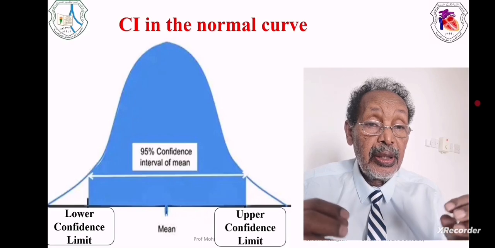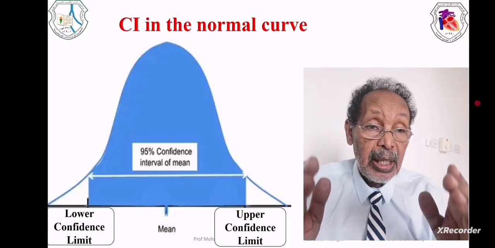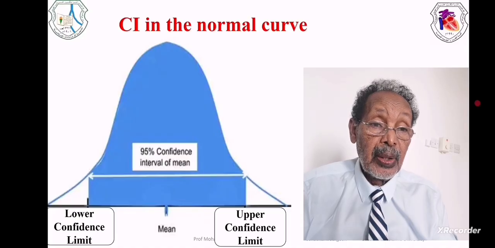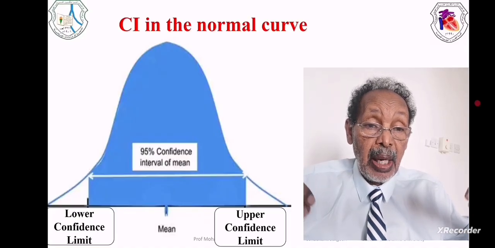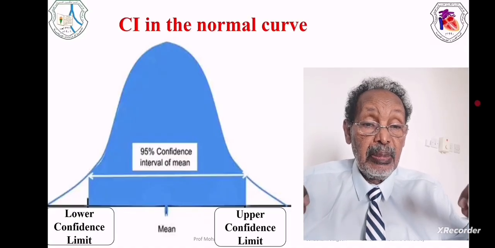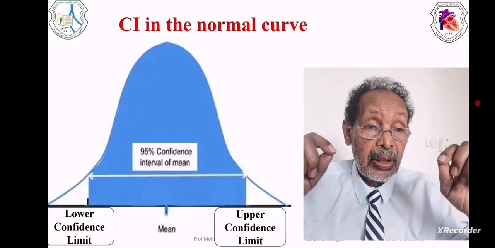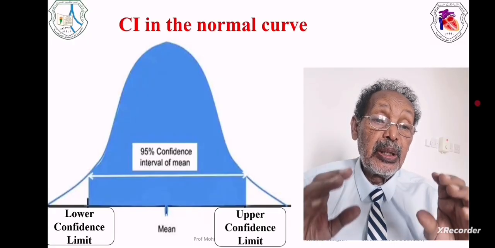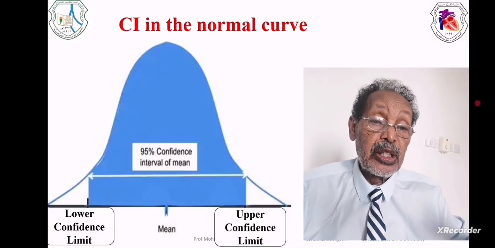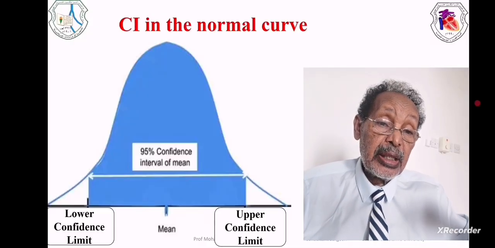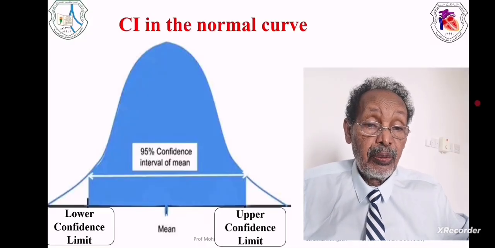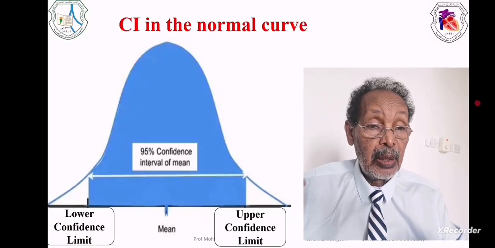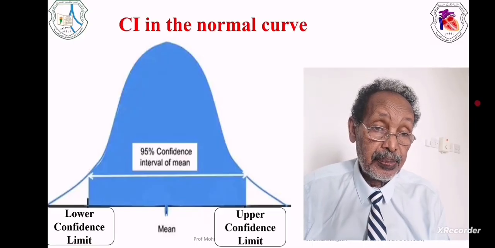And usually in such a smooth bell-shaped diagram, the amount of estimates outside our 95% confidence is 5%. It will split equally into two halves, one above the upper limit and one below the lower limit.